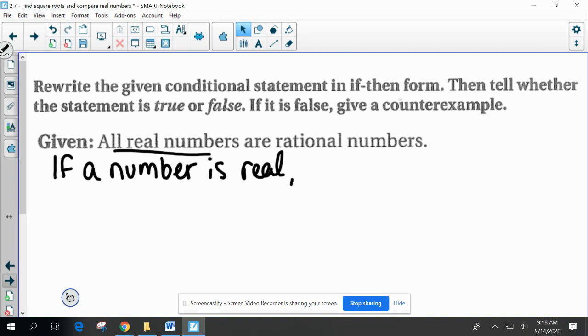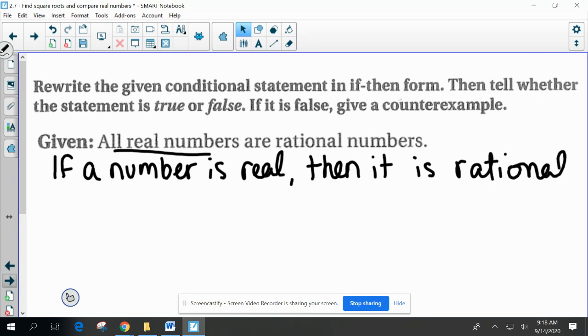If a number is real, then, and then the second part, then it is rational. And is that true or false? If it's a real number, then it's rational.